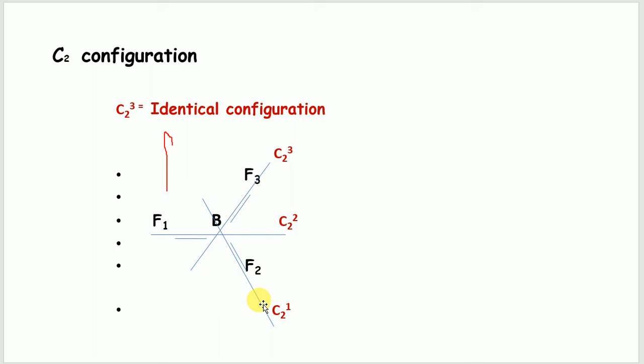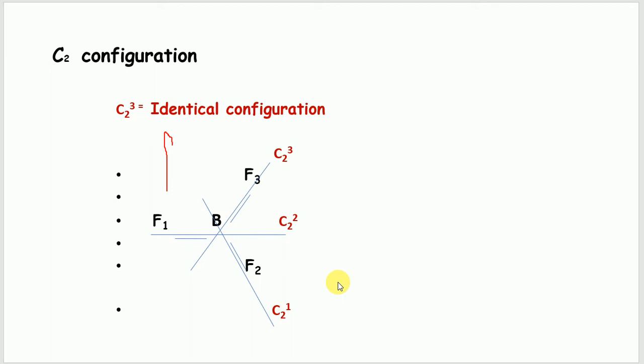There are three C2 axes, each C2 axis passing through one of the fluorine atoms and boron, and all the C2 axes are present in the plane of the BF3 molecule. Thus, in the BF3 molecule, two types of axes are present: one is the C2 axis and another is the C3 axis.